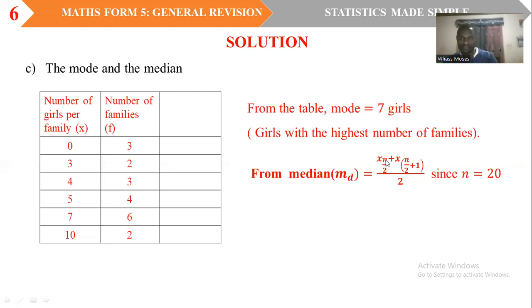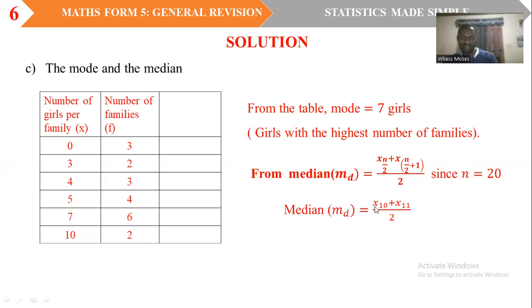That formula is given by the score at position n over 2 plus the score at position n over 2 plus 1, divided by 2. That is the average between those two scores. And in this case, since n is 20, the median will be given by the score at position 10 plus the score at position 11, divided by 2.